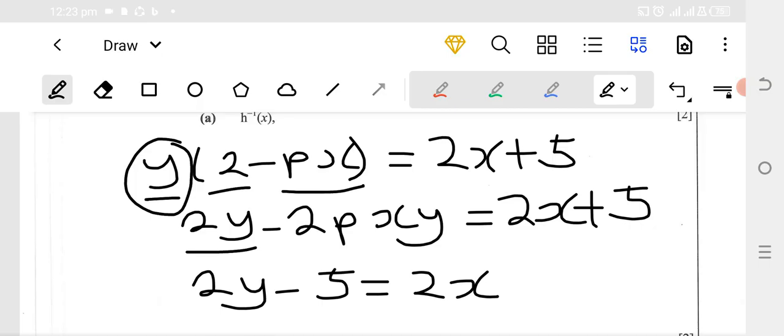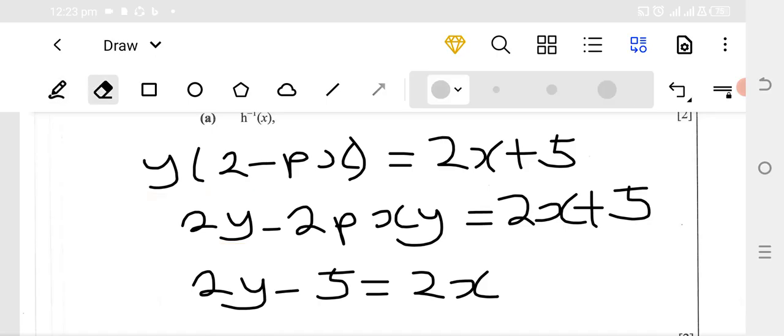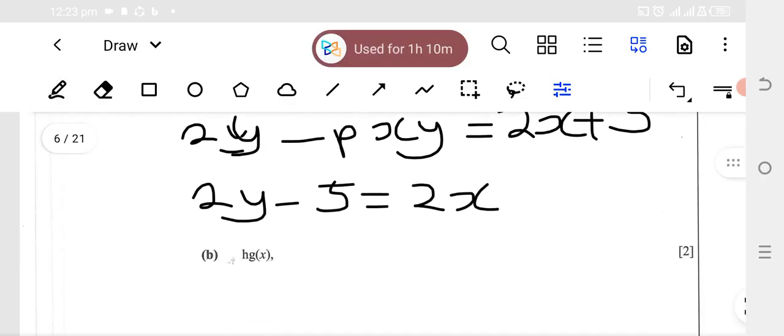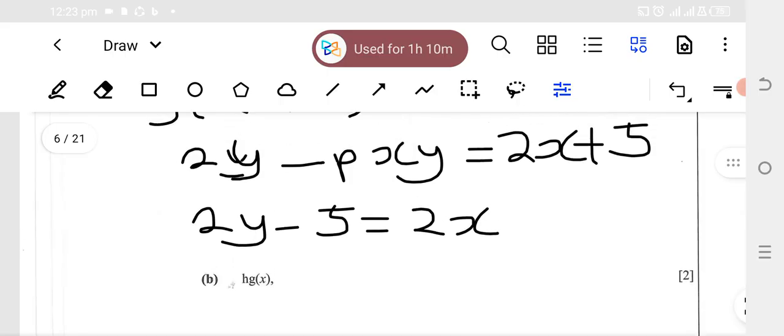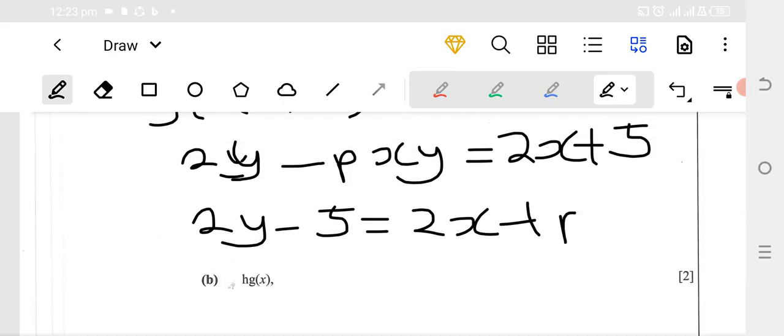So just supposed to give me negative pxy, but I put this 2. Sorry for that. So let me just clean up. Let me just remove this 2. And then I also remove that. Okay. So minus like that. So it's going to be 2x plus pxy.